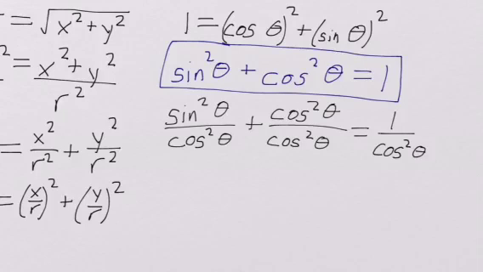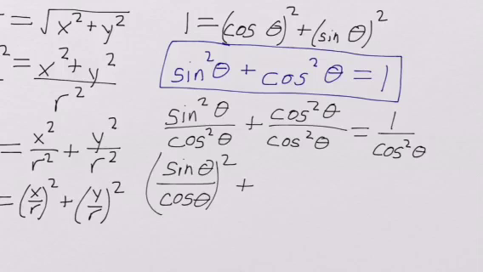So, obviously sine squared theta over cosine squared theta is the same thing as, as a matter of fact, I'll explicitly write that down, sine theta over cosine theta, squared. Cosine squared theta over cosine squared theta is just 1. And then I can say 1 over cosine of theta squared.